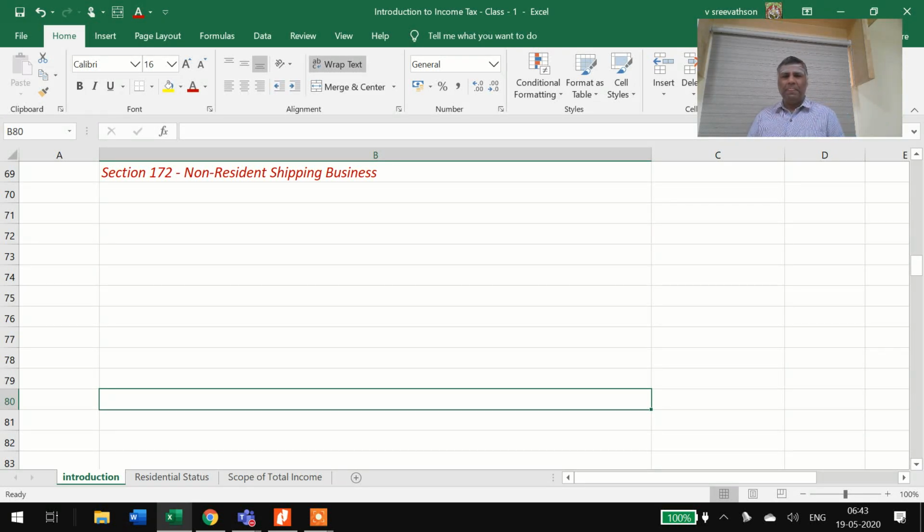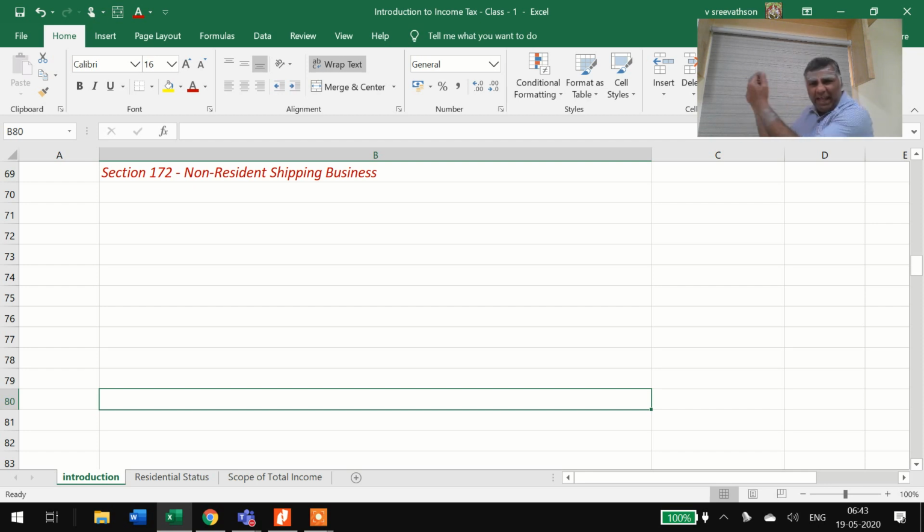Now, has the ship earned income from India? The answer is yes, because it has carried goods and passengers from India, so the ship has definitely earned income from India.